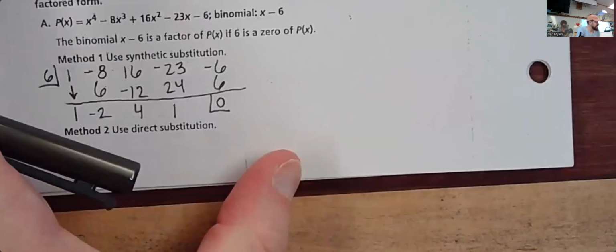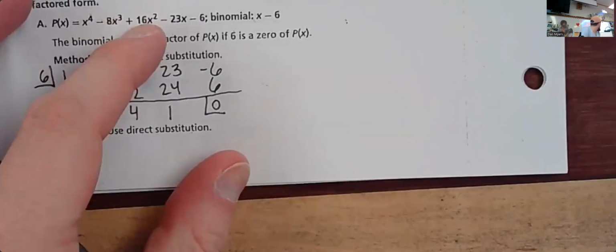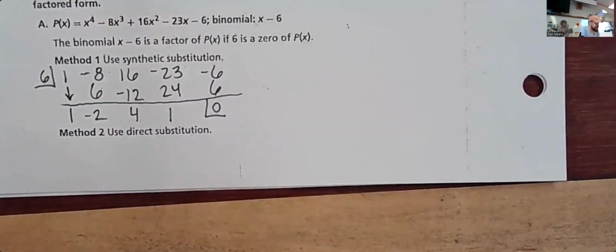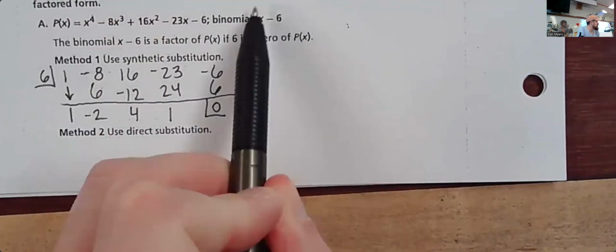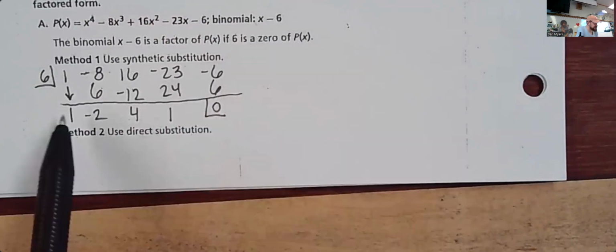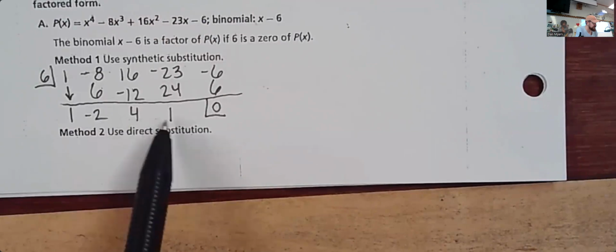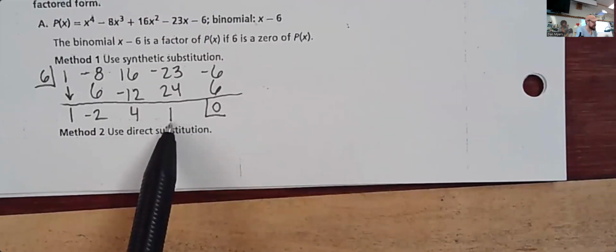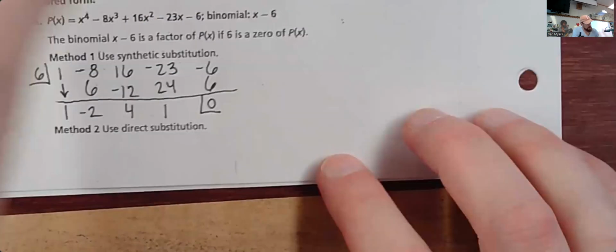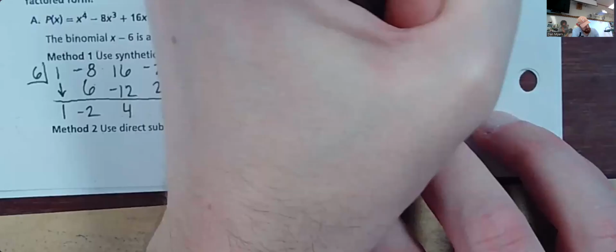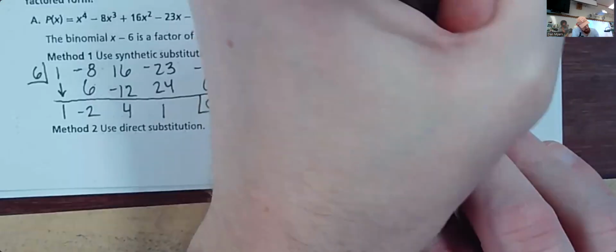So here we go. If we are going to be writing this in factored form, that means the factors are the thing that we divided by, x minus 6, and the result, x cubed minus 2x squared plus 4x plus 1. The answer is x minus 6 times x cubed minus 2x squared plus 4x plus 1.